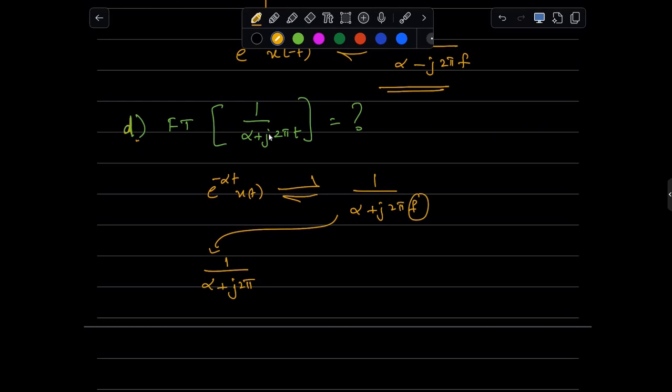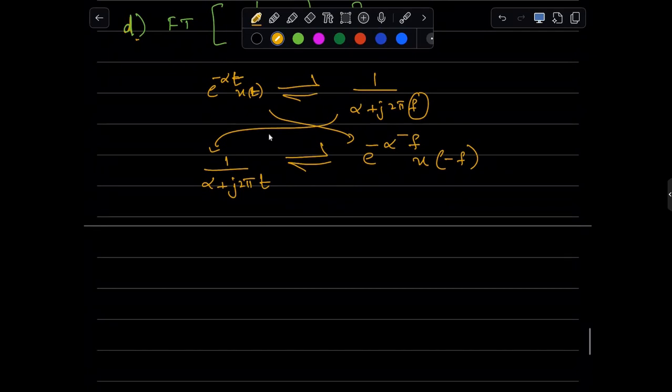Instead of f, what will I put here? t. So if I put t here, then the Fourier transform will be e power minus alpha into, you see here, this is t, I have to replace t with minus f, into u of, again t, u of t I have to replace with minus f.